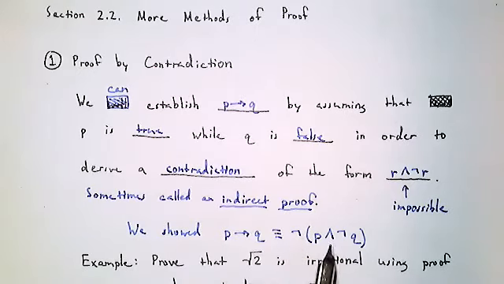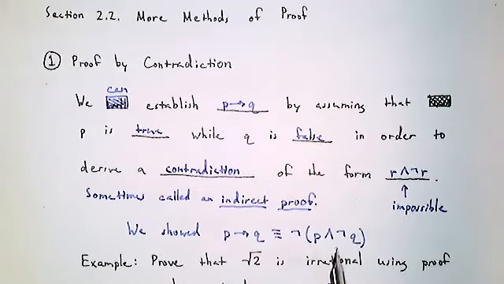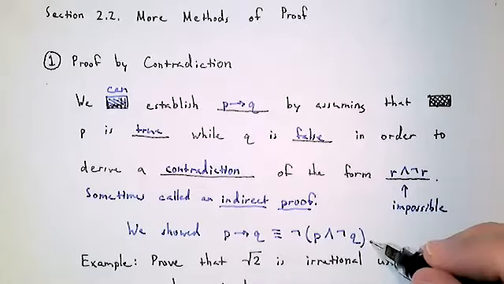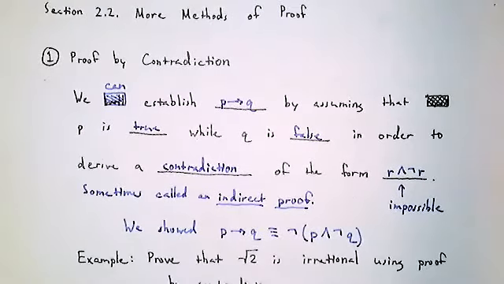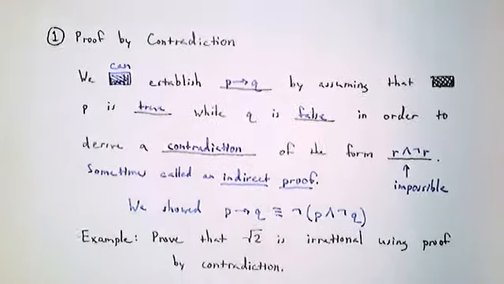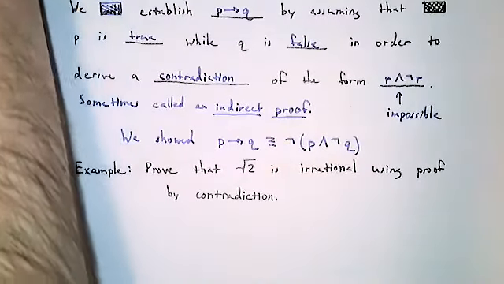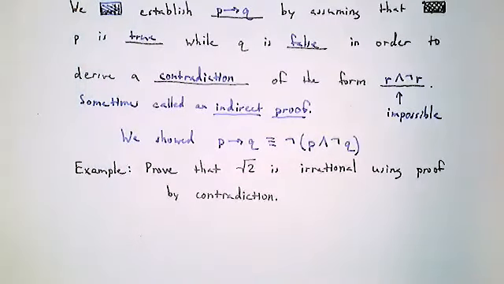So it's not the case that P and not Q. And this is what a proof by contradiction looks like logically. So let's go to an example to see how these work.